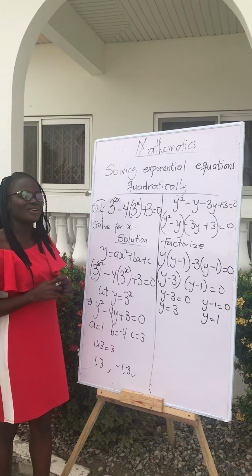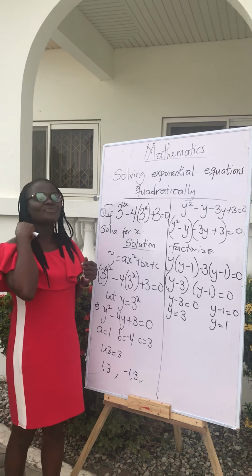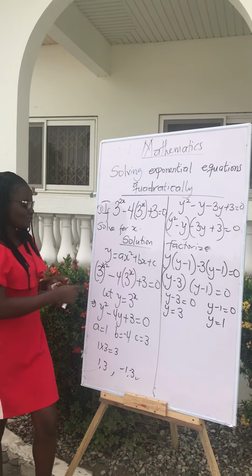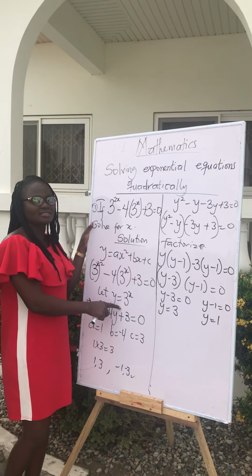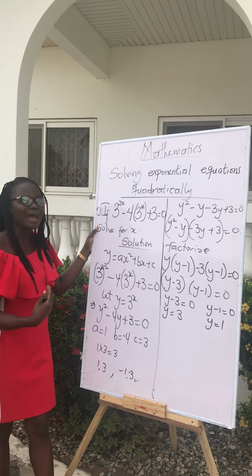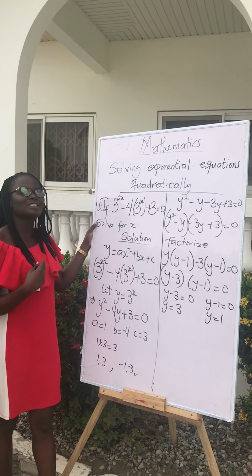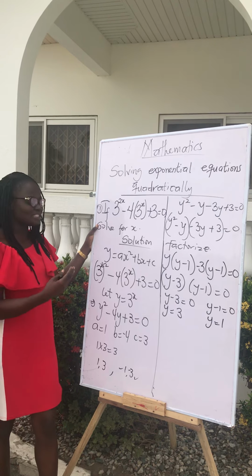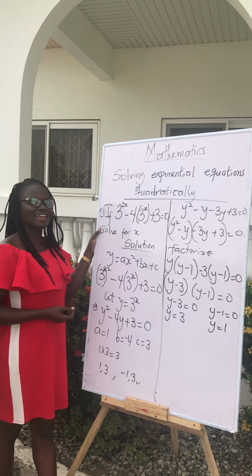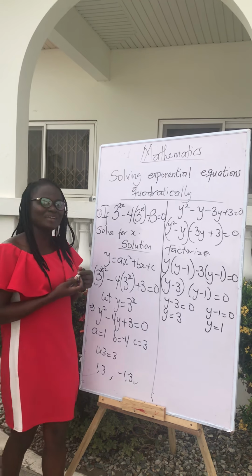We are not done. The question was solve for x. So it means that you refer back to the side. You stated it as let y be 3 exponent x. So it means that wherever you see y, you put your 3 exponent x over there. So let's do it together.